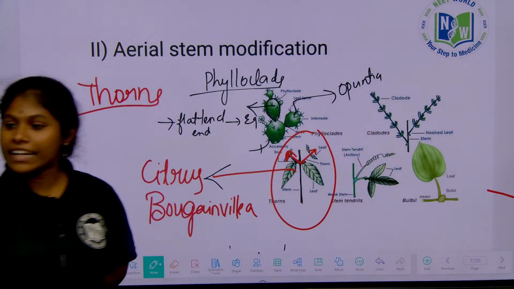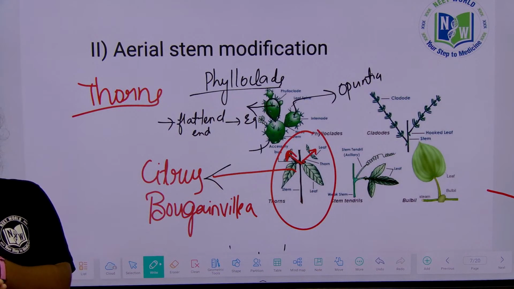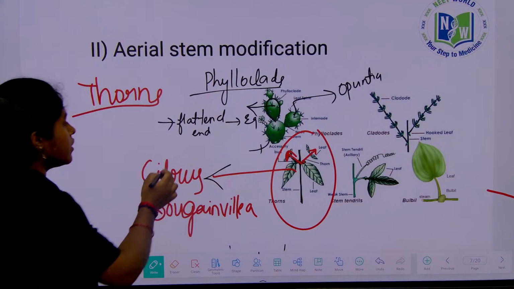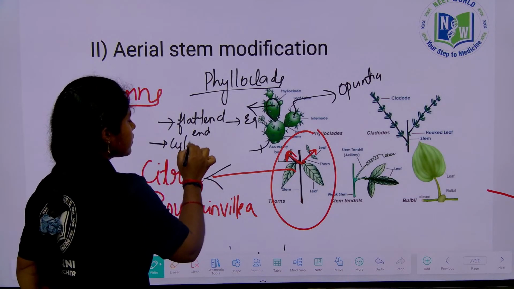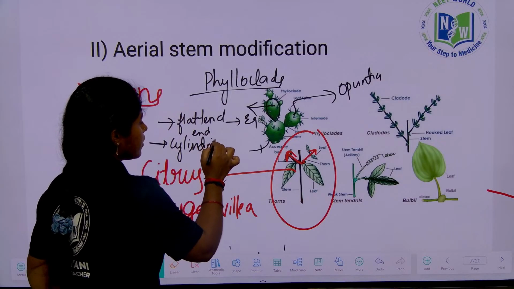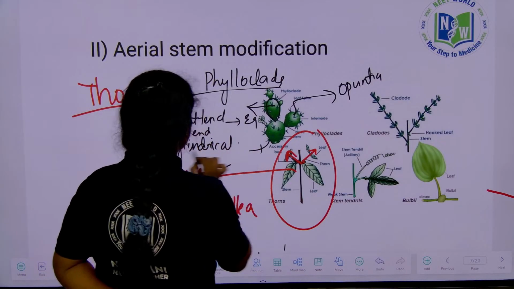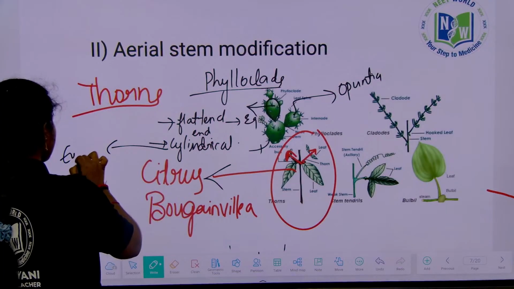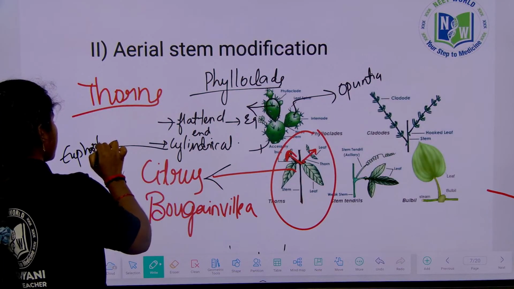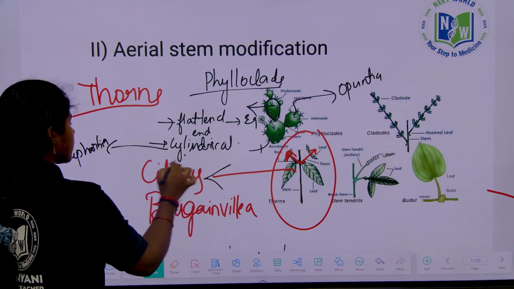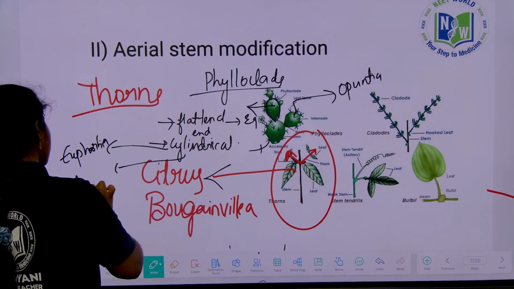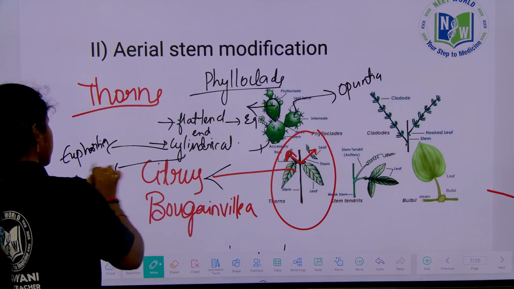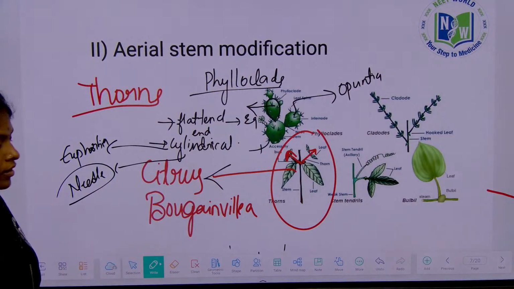If they are cylindrical in condition, which means their stem is modified as a cylindrical structure, the example is Euphorbia. If they are needle-like in structure, the example is Casuarina.